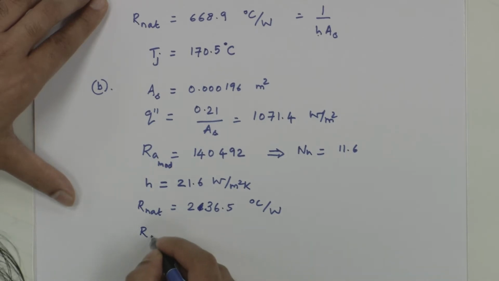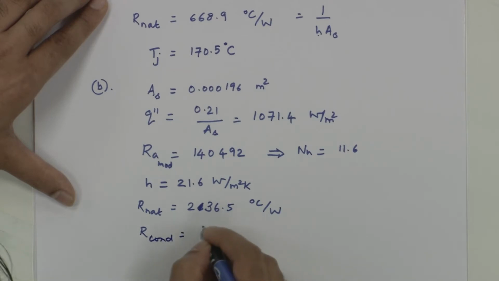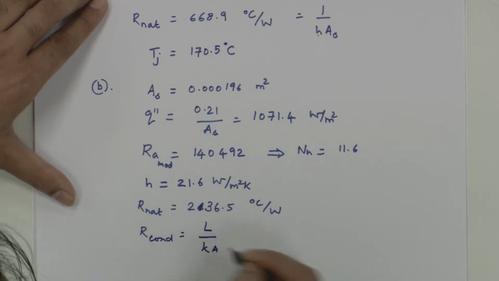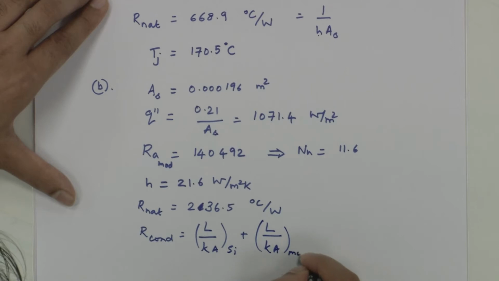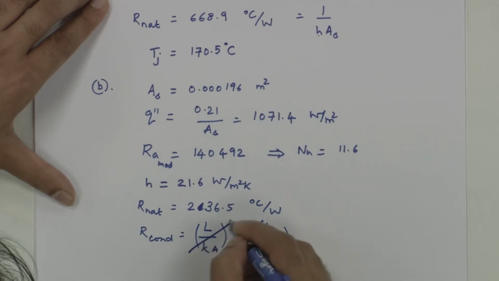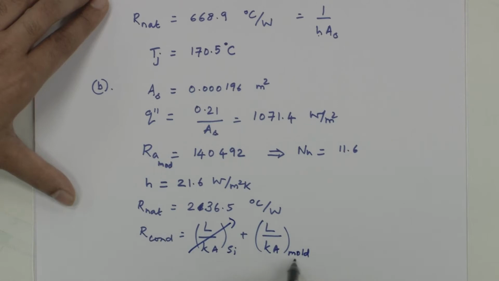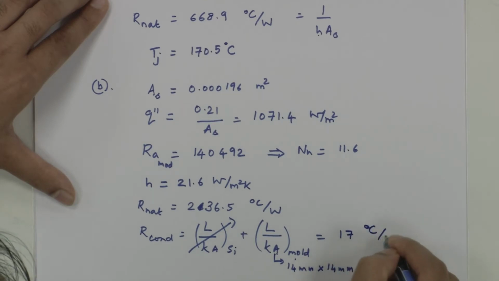So, using the conduction resistance in the base, which is L divided by kA, you add the resistance in silicon plus L by kA in mold. Assuming as a worst case scenario that all the major resistance is only from the mold, and if you calculate based on the area of cross section of the mold, which is 14 mm by 14 mm, the conduction resistance turns out to be 17 degrees C per watt.